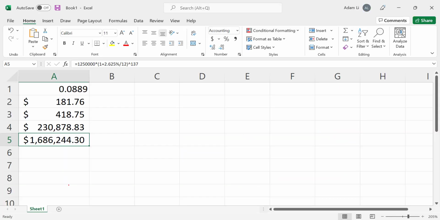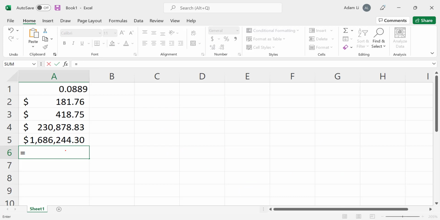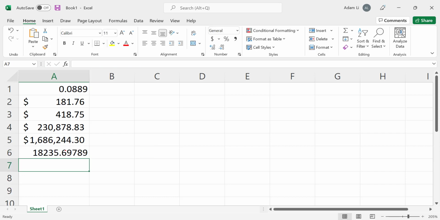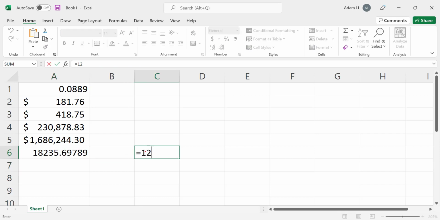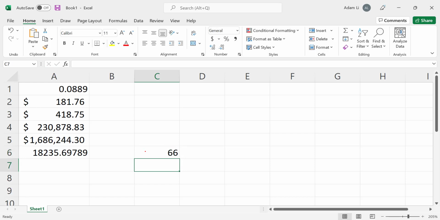So we get 25,000 divided by 1 plus 0.75% over 12 raised to the 66 power. You want to do open parentheses 12 times 5.5, that's okay. Alright. And then let me double check. 12 times 5.5 should be 66.